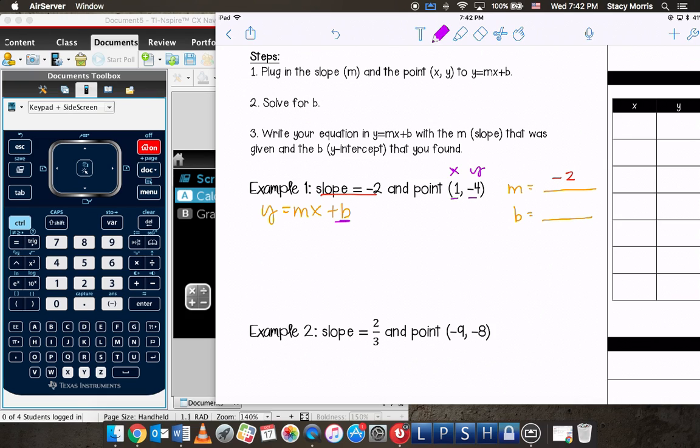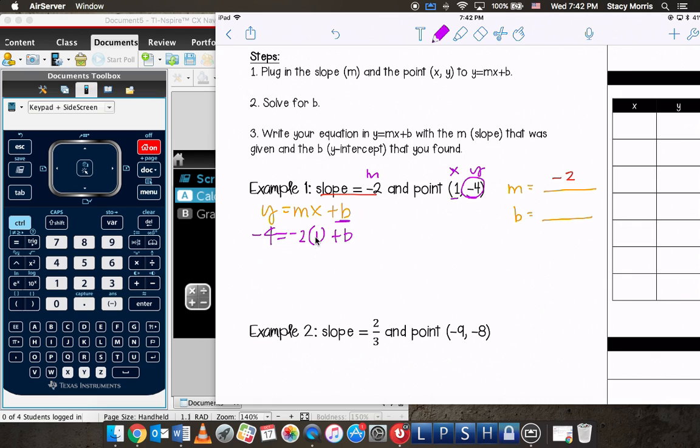My y is -4 in this ordered pair, so I replace y with -4 equals m, my slope, which is -2, times x, which I put in parentheses, 1, plus b. And now I'm going to solve.